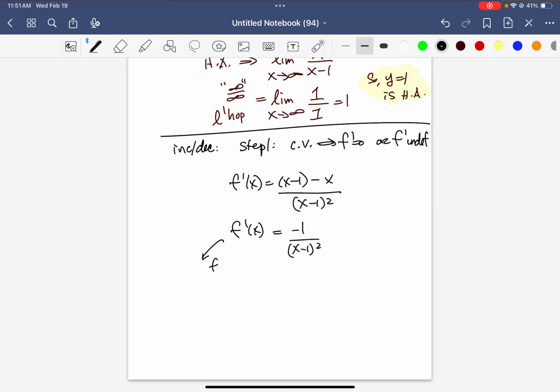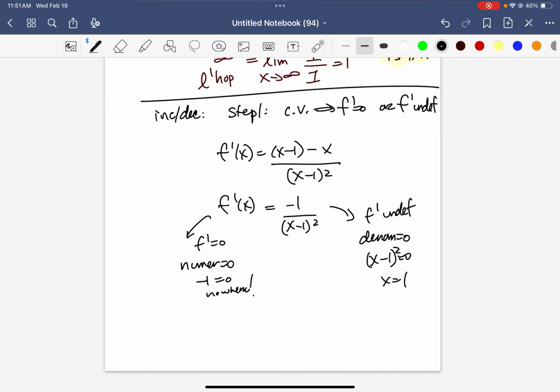So I want to know where the derivative equals 0. Well, that's only where the numerator equals 0, but that happens nowhere. And then I ask where is f prime undefined? For us, that's where the denominator equals 0. And so I end up getting x equals 1, right?